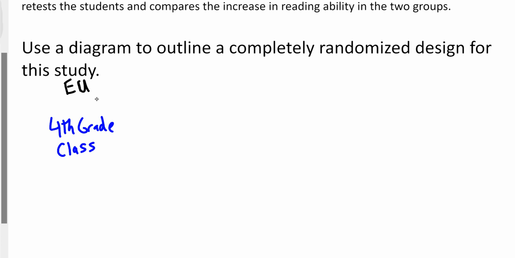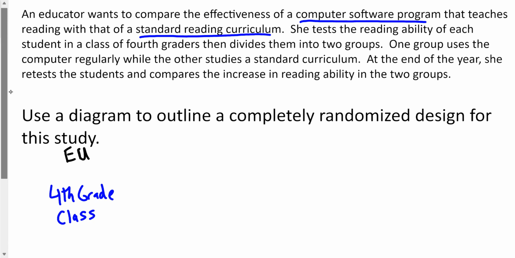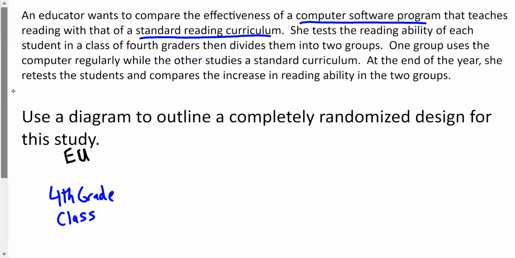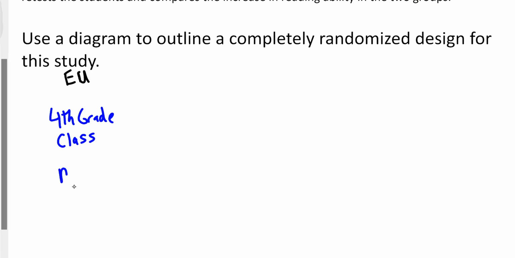We want to also say the N. So how many are there? It does not say. So we'll just come up with a number. I don't think it says in here. Yeah, we'll just come up with a number. We'll say N equals 24. There's our number. But we should state how many are there.